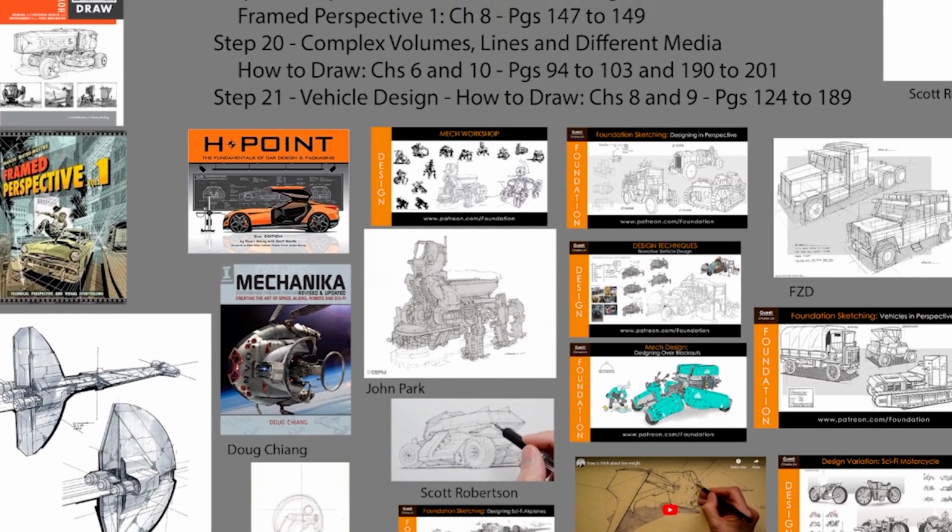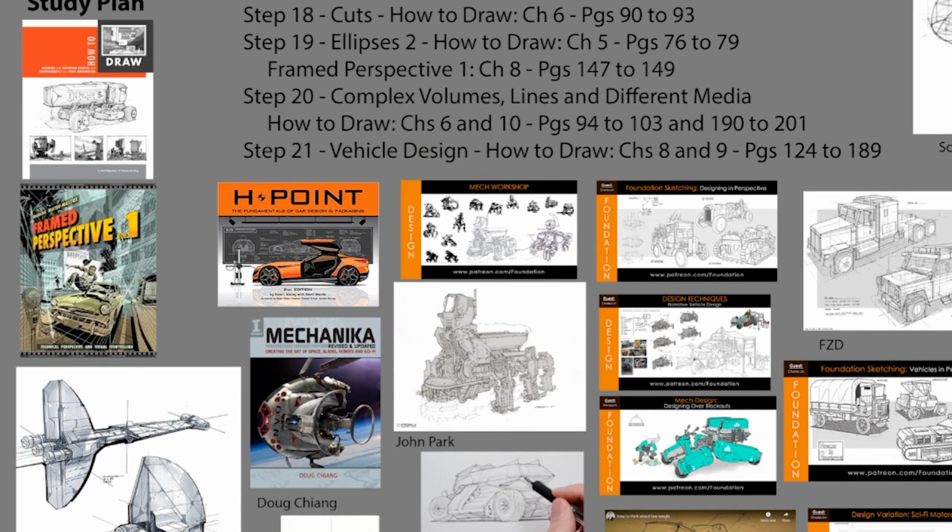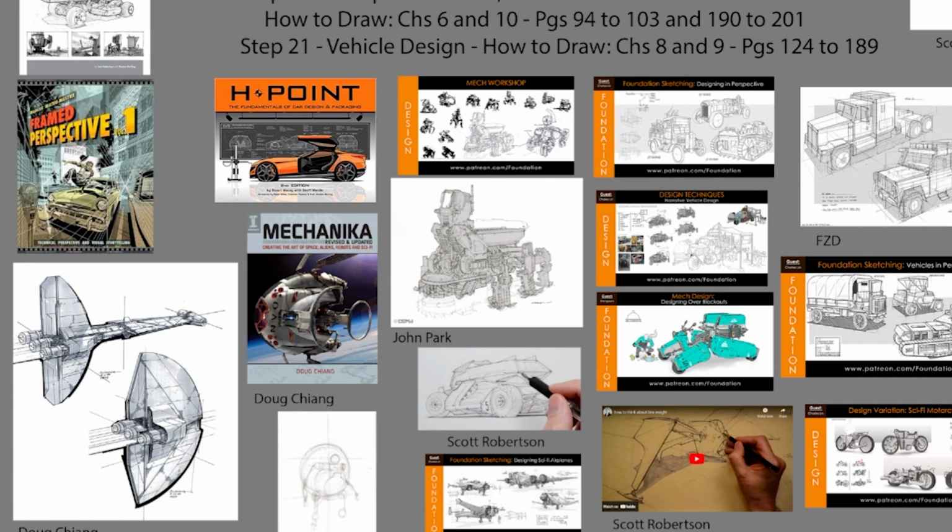In terms of complementary books that are really helpful, I would recommend H Point. It's one of the best books I've ever seen on learning everything about product design for a car. So ergonomics, the anatomy of a car, and so on and so forth, as well as Mechanica for drawing spaceships and robots.